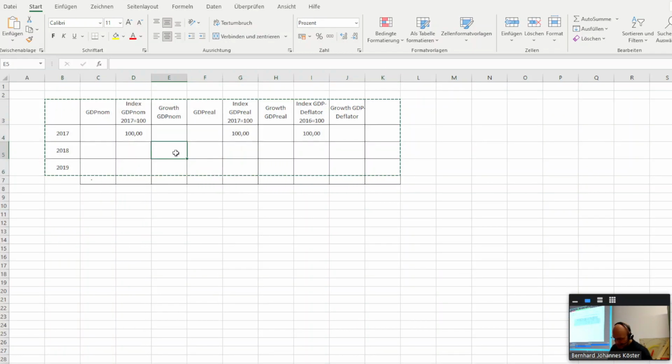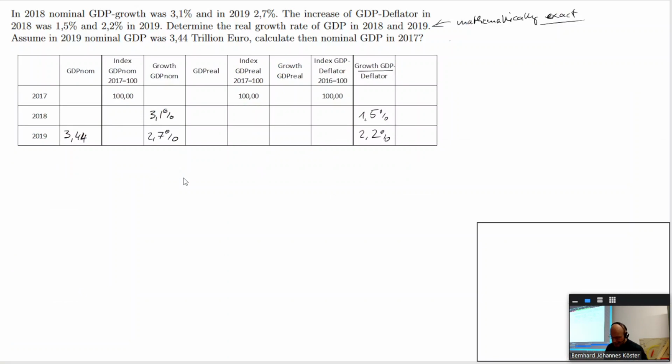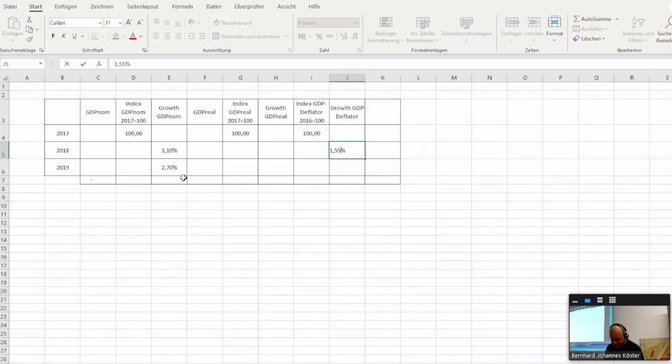Let me put this in here. So this was 3.1%, 2.7%, and here we had 1.5% and 2.2%, and this is 3.44.